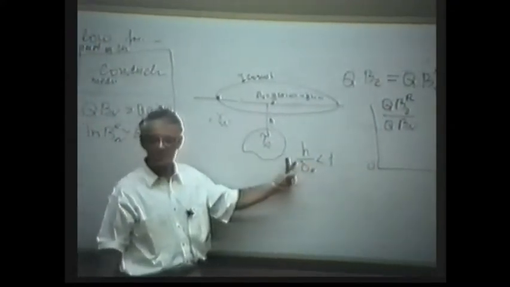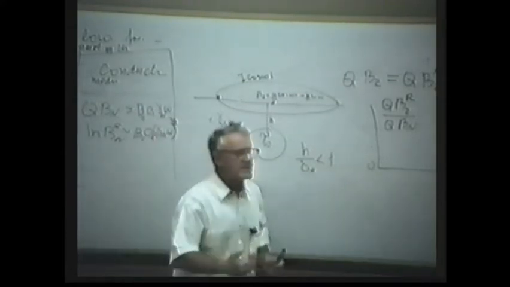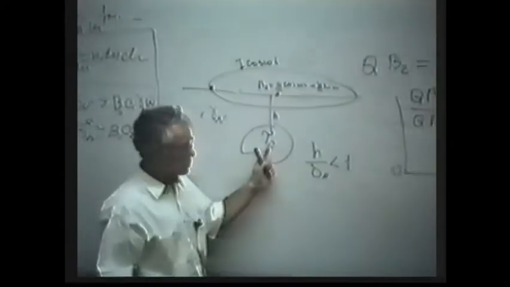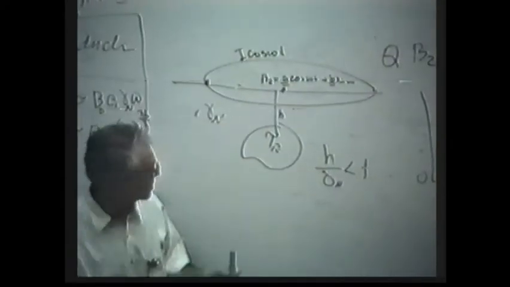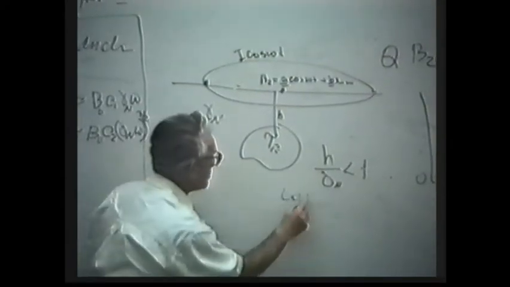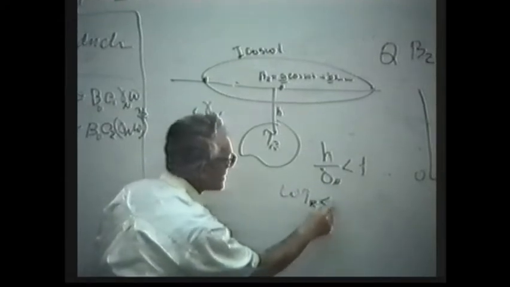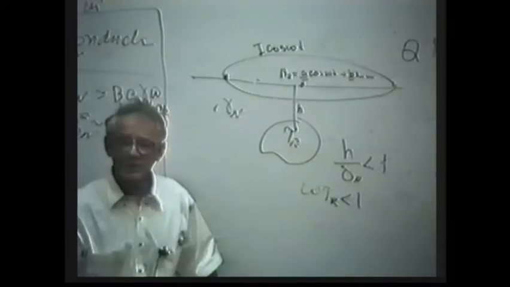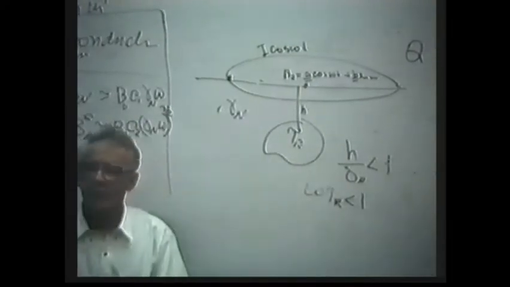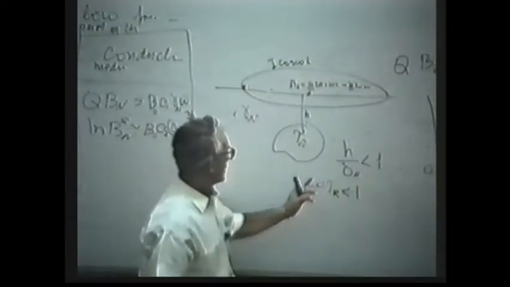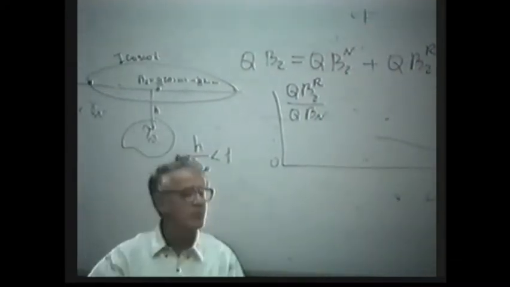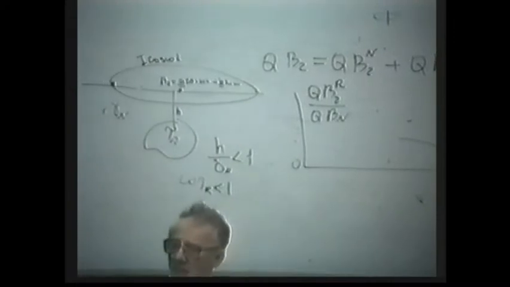True? In this case, also suppose there is a moment when omega tau becomes less than unity. What happens in this case? What would be the behavior of the field due to noise and due to our body as a function of frequency?